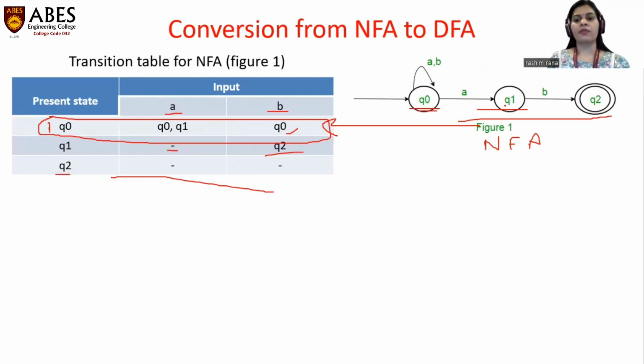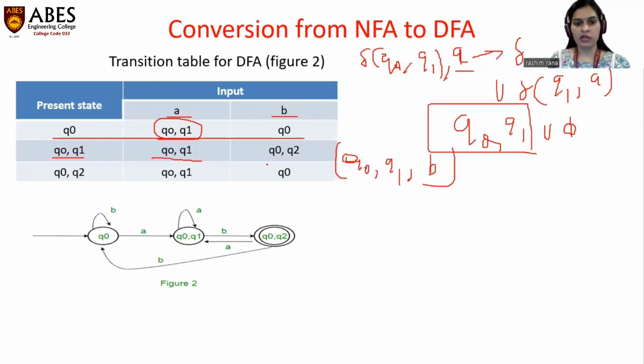On applying input B on Q1, we get Q2. So we get a new state. From this we get Q0, from this we get Q2. So this is our new set.